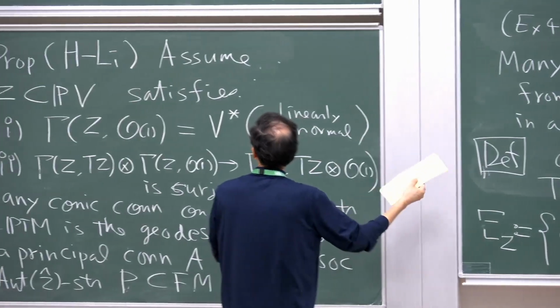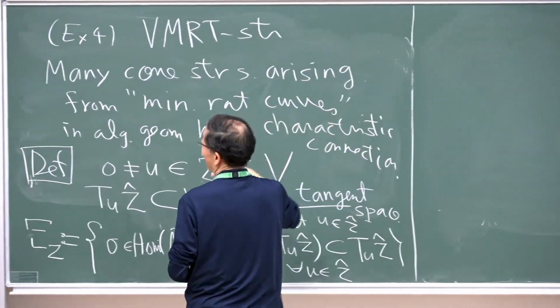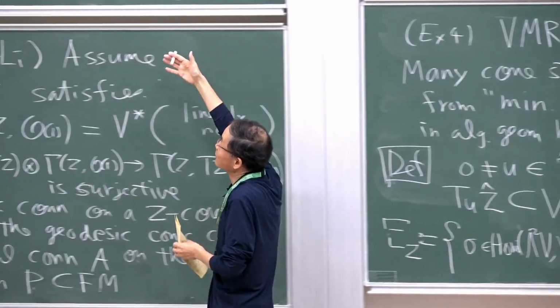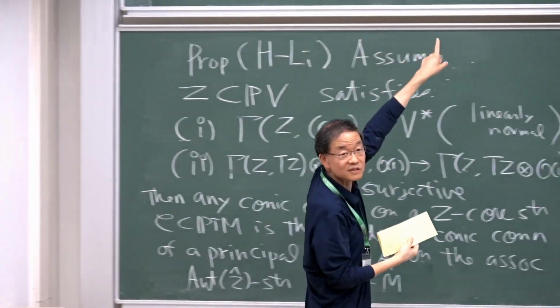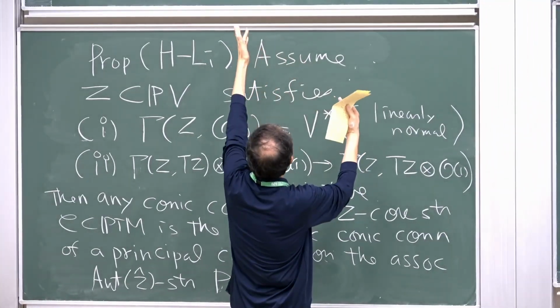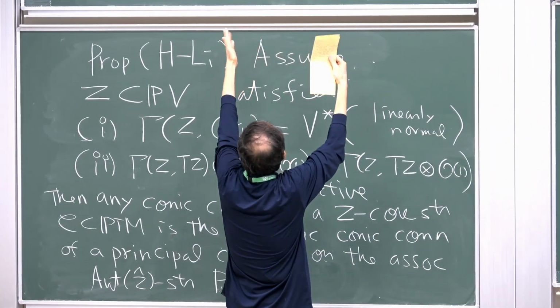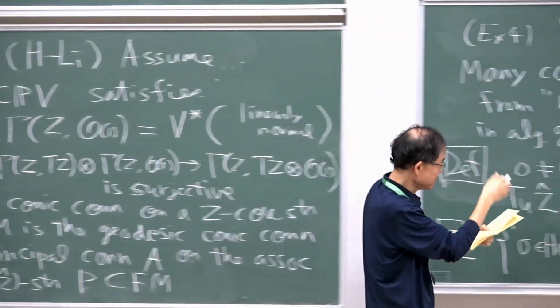What I'm trying to say is this: we have this notion of characteristic conic connection, and many conic connections come from principal connections. So what is the relation between the characteristic connection and the corresponding principal connection?